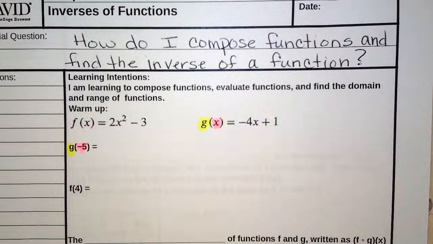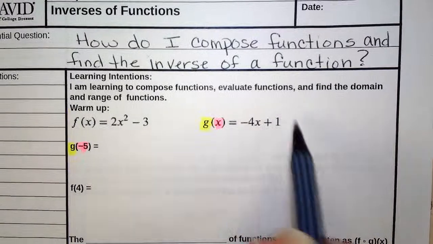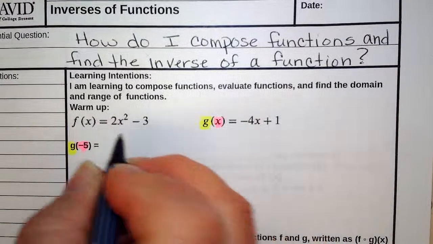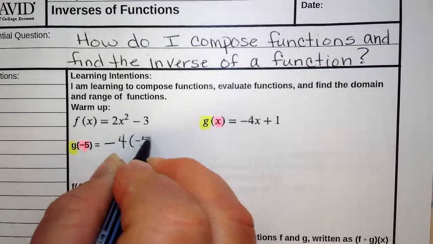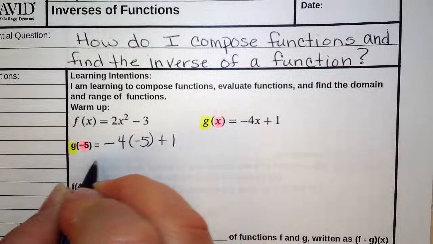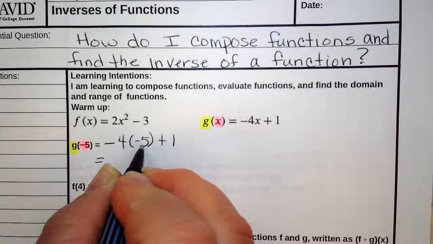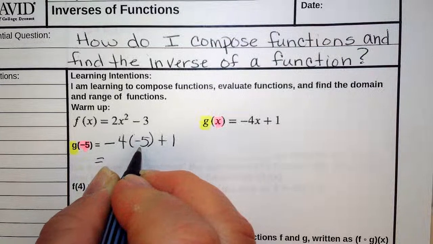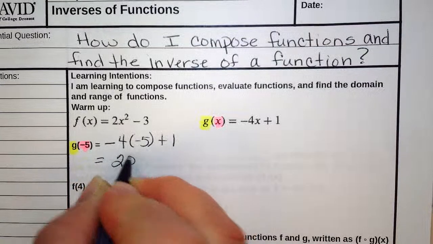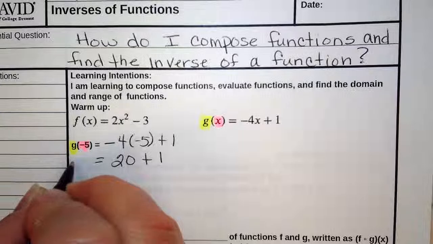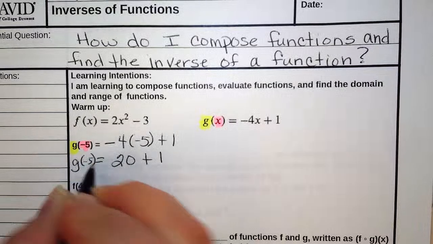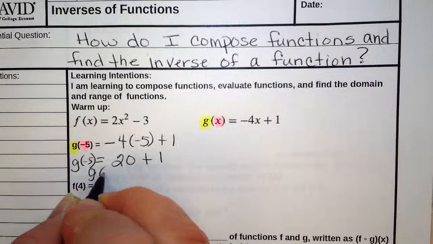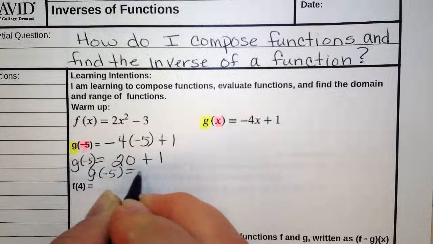So I'm going to substitute -5 into my function g and simplify. -4 times -5 plus 1: negative times negative is a positive, 4 times 5 is 20, 20 plus 1. So when I evaluate g with -5, I get 21.